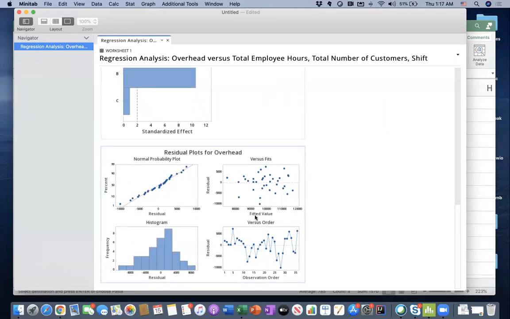And this is fitted versus the residuals. Minitab's calculated version of the overhead costs are here, and the residuals are on the y-axis. Residuals, again, are the difference between the original overhead cost and Minitab's calculated version of the overhead cost. As you can see, those are pretty random.